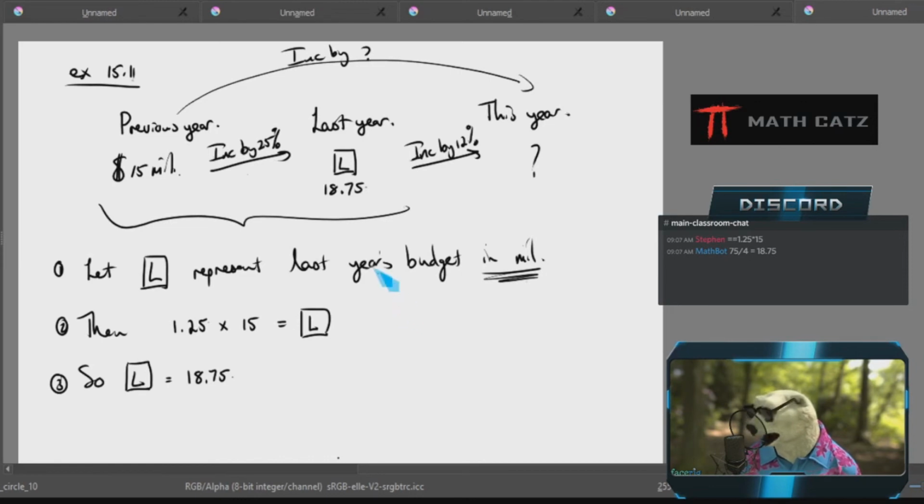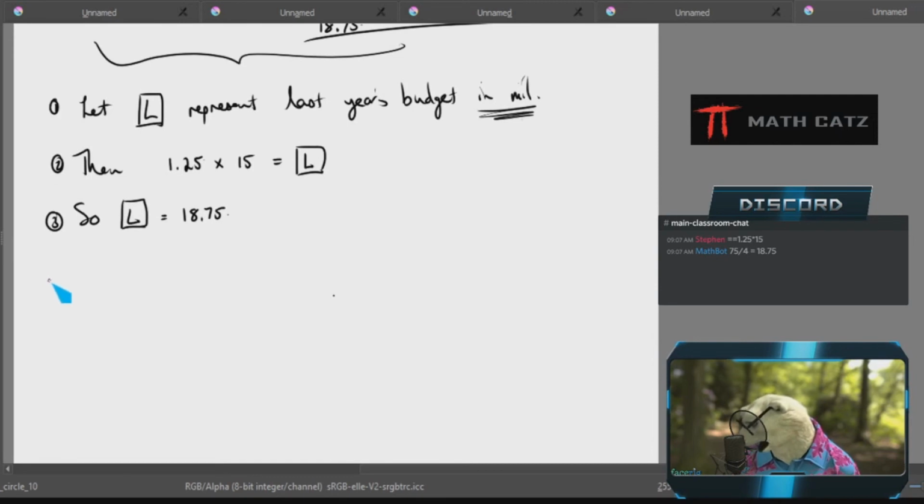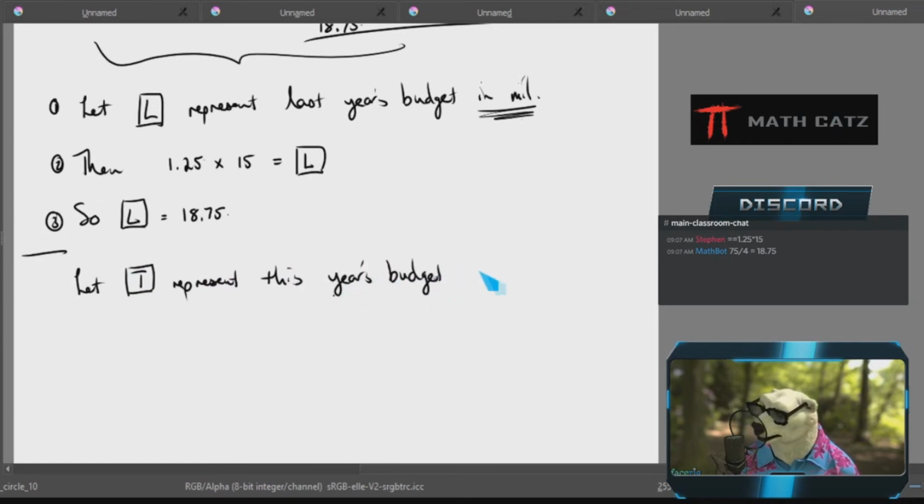Now I look at the next window, last year versus this year, and it's going to be very similar. I might want to say, let's call T in a box. Let that represent this year's budget in millions.